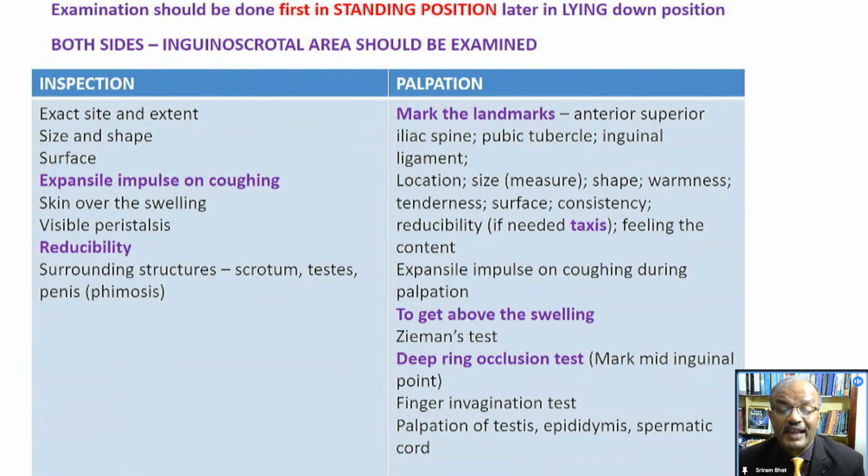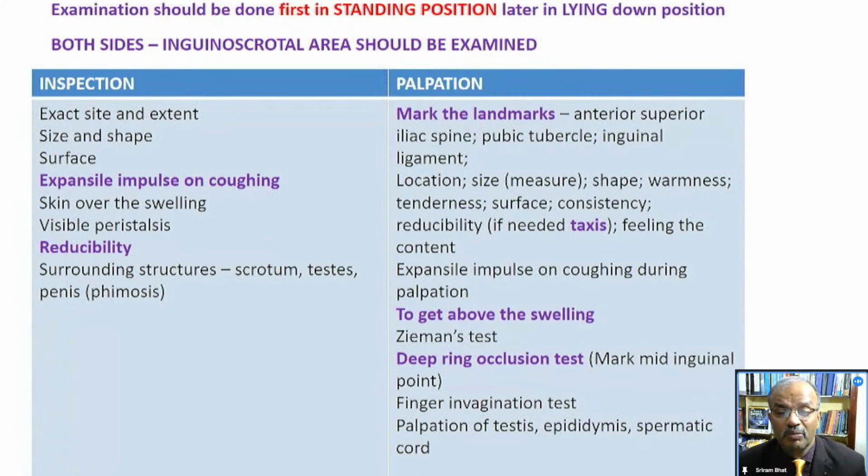That is called taxis, meaning arrangement. What is taxis is a commonly asked viva question, and a commonly asked OSCE question. So you should know what taxis is. It is the method of reducing the hernia content in inguinal hernia by the clinician in lying down position.